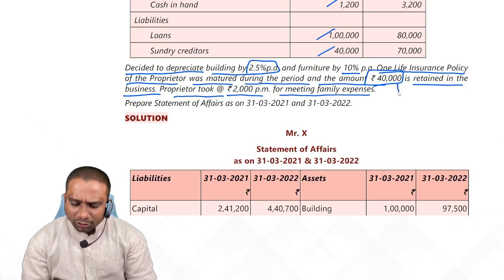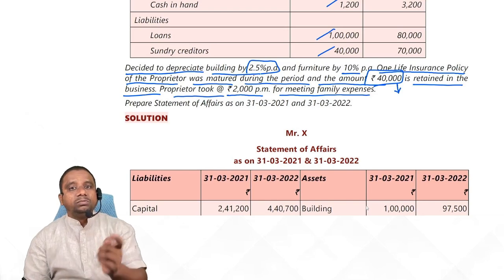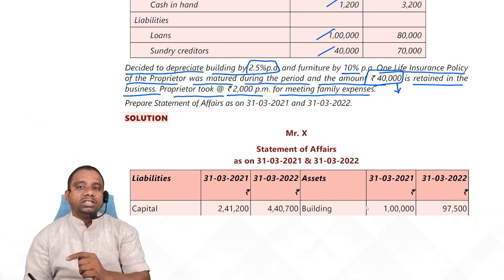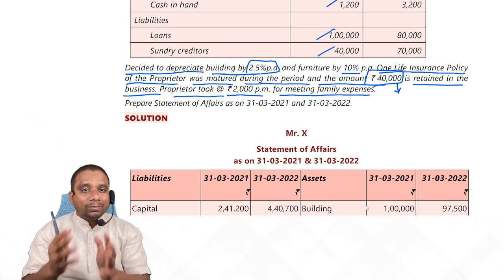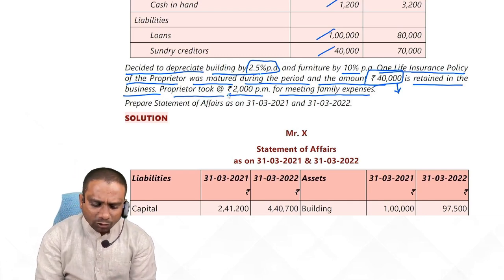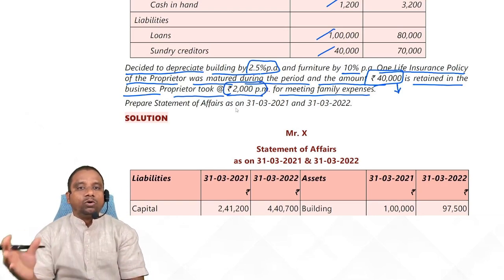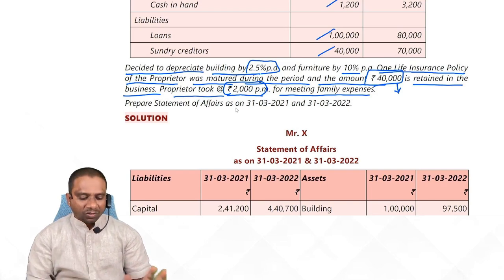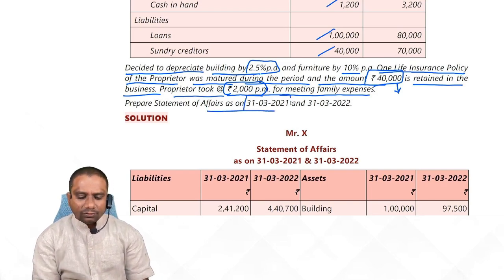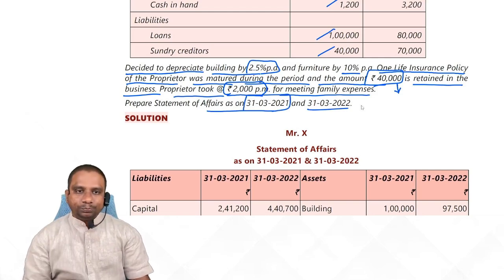This 40,000 is nothing but additional capital, because the life insurance policy matured. Whose life insurance policy is it? Proprietor's. But the amount is kept in the business itself, so it is treated as capital. Next, he has withdrawn 2,000 rupees per month, means 12 months, so a total of 24,000 rupees is the drawings amount. So prepare the statement of affairs as on 31st March 2021 and 31st March 2022.